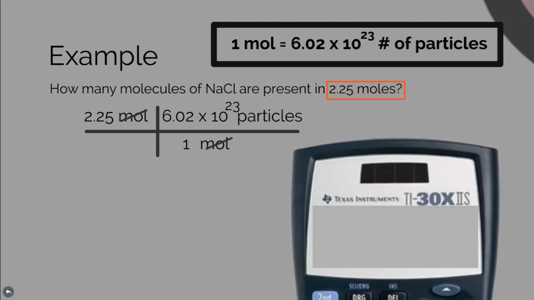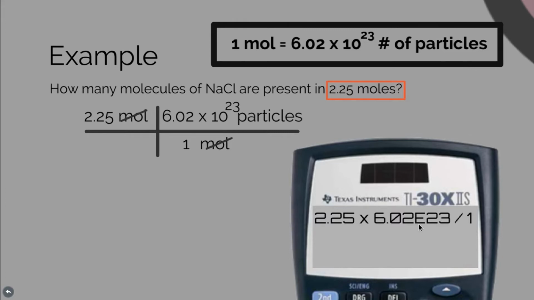Now, if we go over to the calculator, make sure that you're very careful about the way that you enter this one. If you just take it step by step, you'll be entering 2.25 moles in the calculator, and it is being multiplied by 6.02, and again, instead of using times 10, I'll be using that E symbol key. Remember, there's 2 keys to go with it, second and x negative 1.